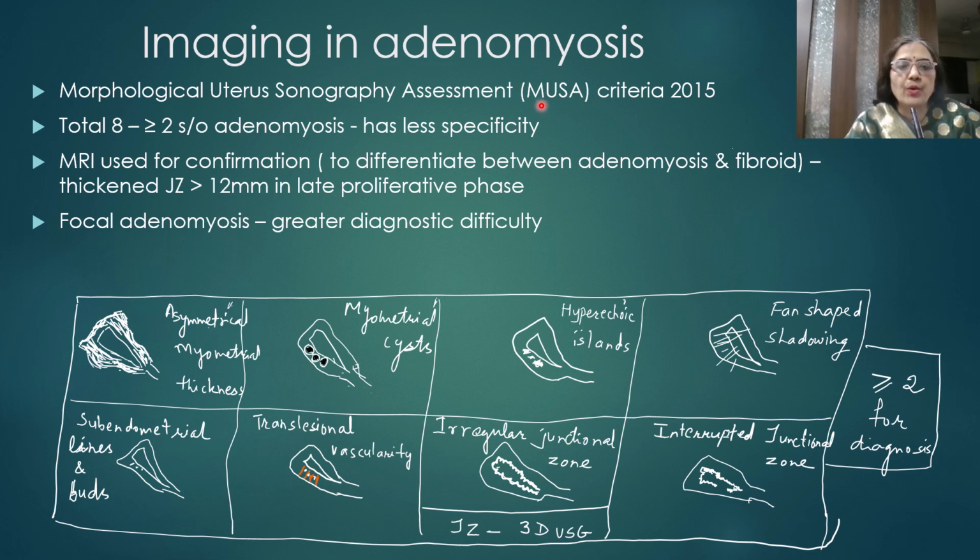MUSA is morphological uterus sonography assessment criteria. There are a total of 8 criteria, and the presence of greater than or equal to 2 features is suggestive of adenomyosis. Overall it has less specificity, though there are so many criteria.